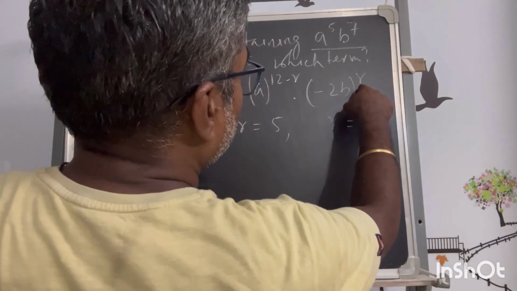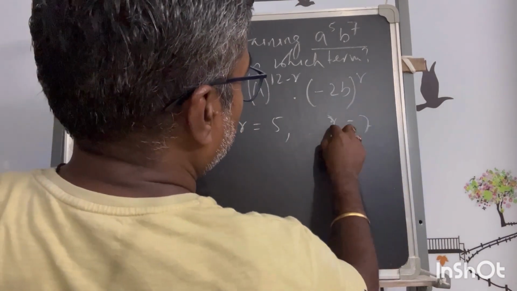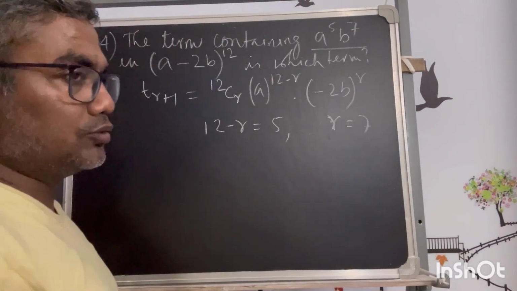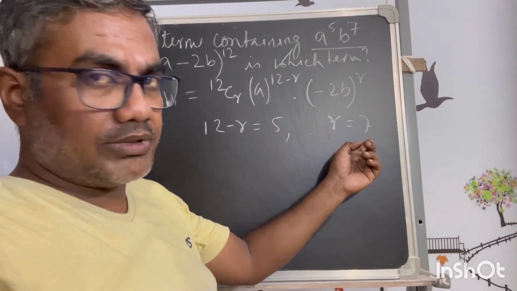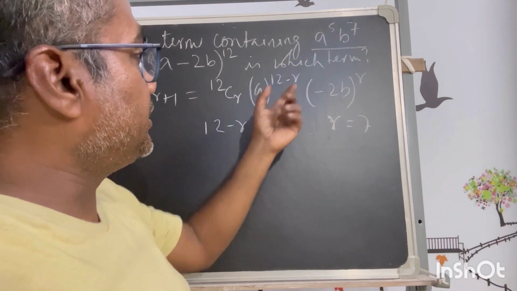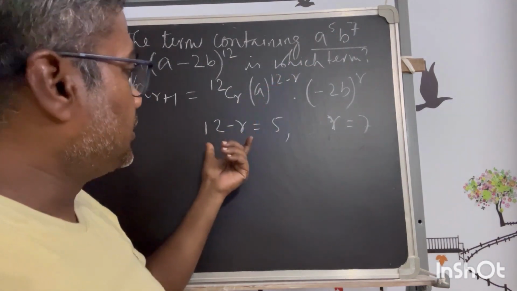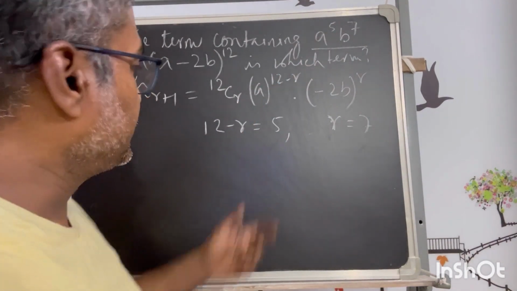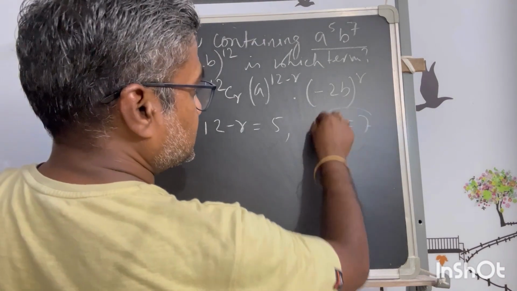What is the power of b? If I take this as true, then r should be 7, and at the same time whatever power of a I get from 12 minus r must satisfy 5. This is the straightforward answer.